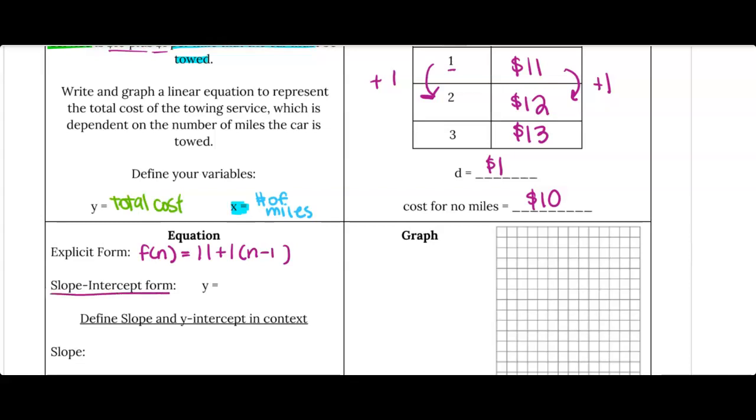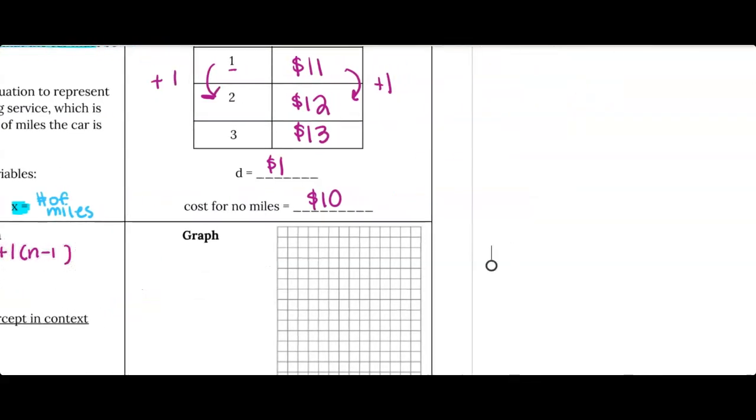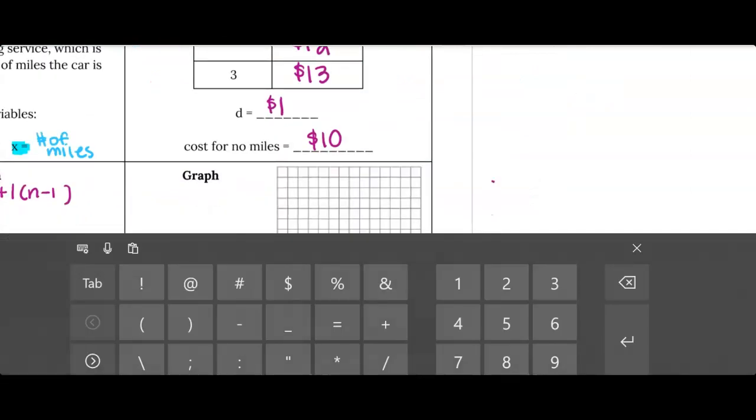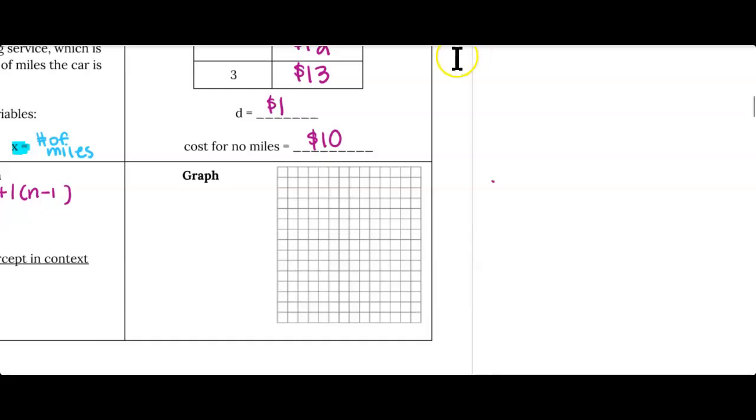When they want slope-intercept form, they want you to simplify. So I'm actually going to copy and paste this and move this. So when we want to simplify this, we're just going to take our d and distribute it into our parentheses.